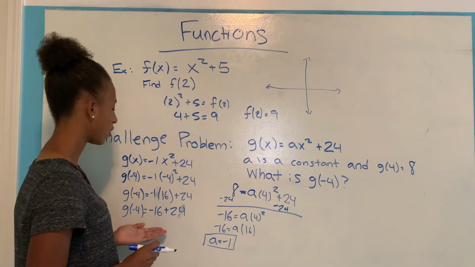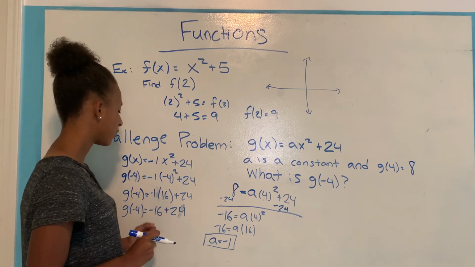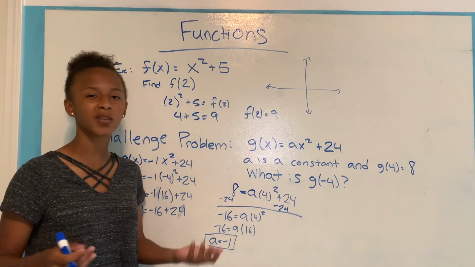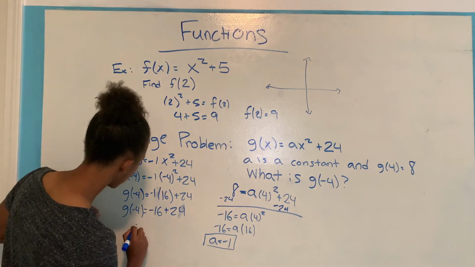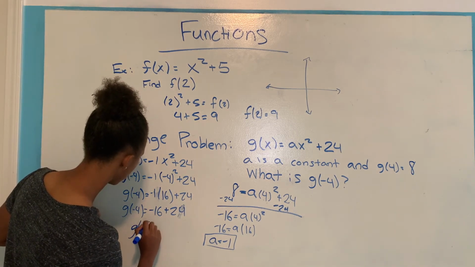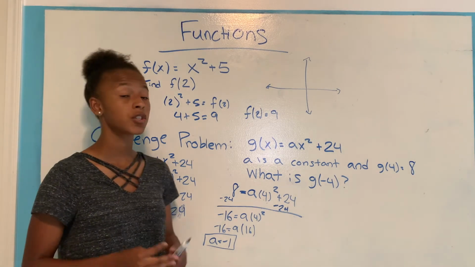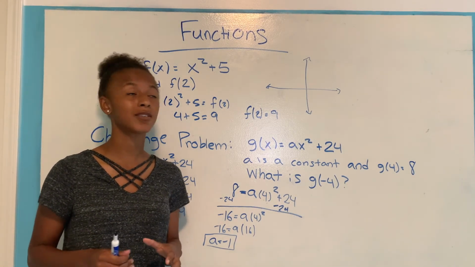And then you can just solve, so it's basically negative 16 plus 24, which if you were to solve that, equals 8. So then you know that g of negative 4 equals 8.